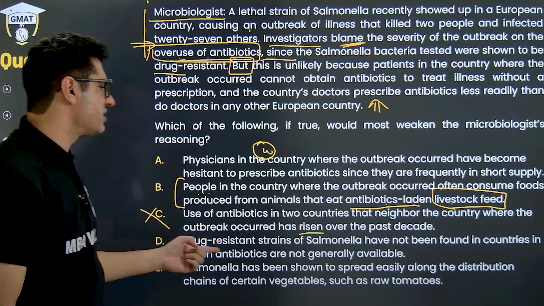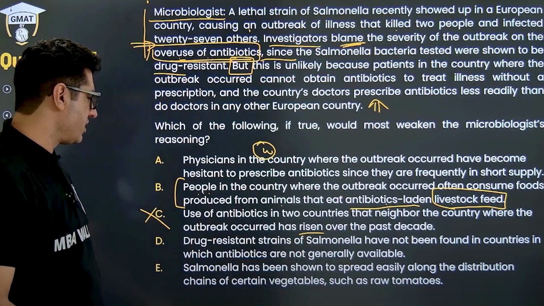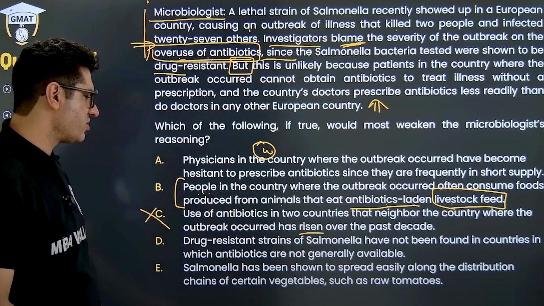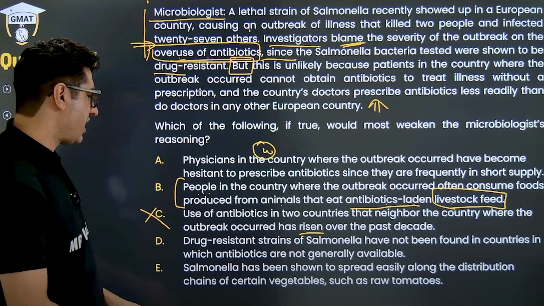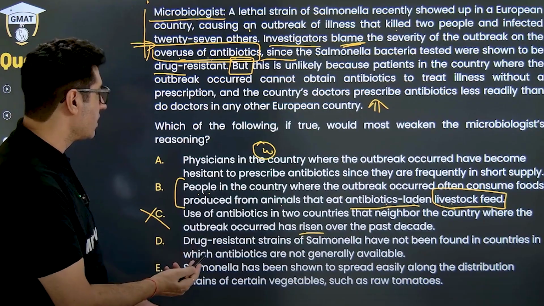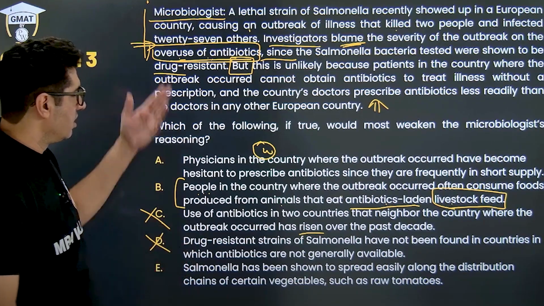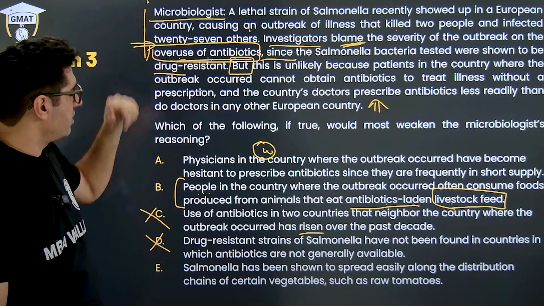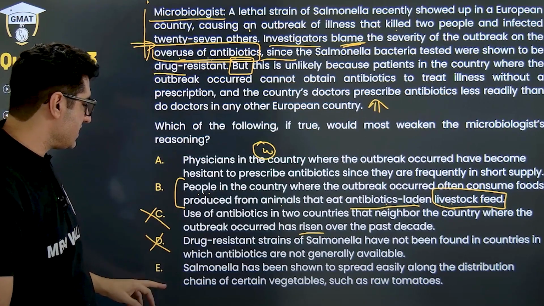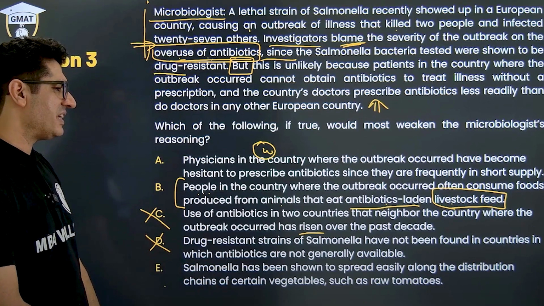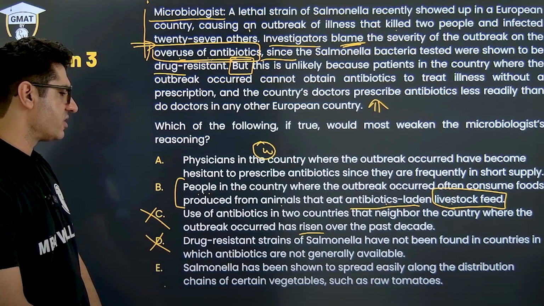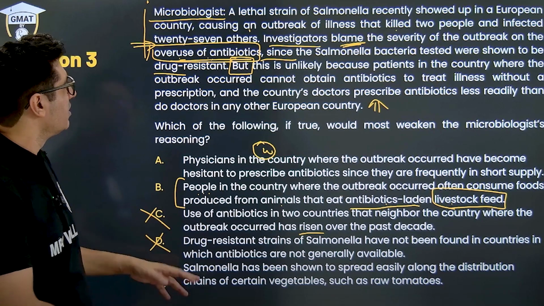D, drug resistant strains of Salmonella have not been found in countries in which antibiotics are not generally available. This actually goes on to strengthen, right? This is going to support the microbiologist's argument. E, Salmonella has been shown to spread easily along the distribution chains of certain vegetables such as raw tomatoes.